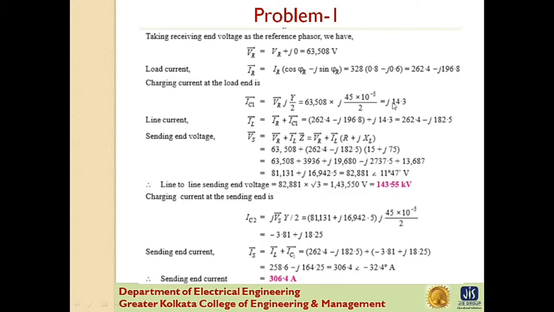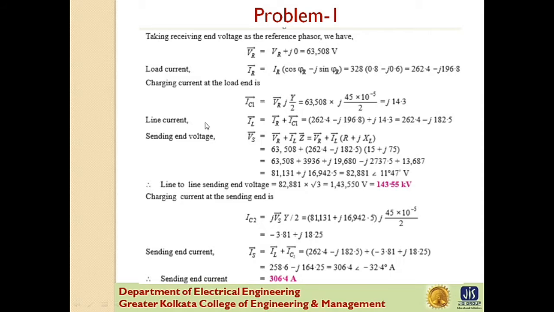Now IC1 is the charging current at the load end, which is equal to VR, the receiving end voltage, that is the load end voltage, into J into Y by 2. Putting the value of VR and Y, we get the value of IC1, which is J 14.3.